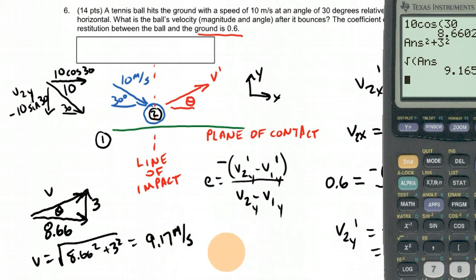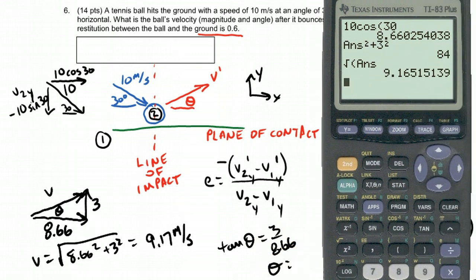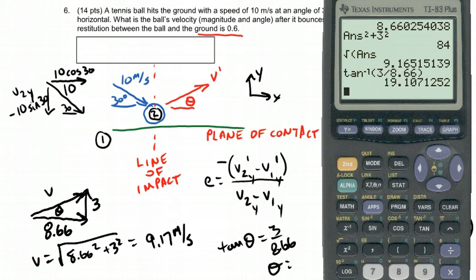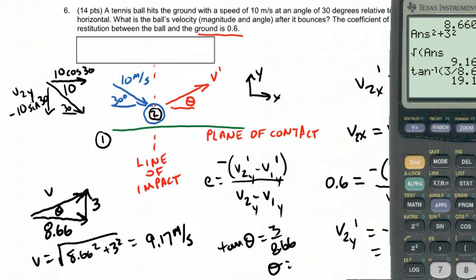Tangent theta is equal to 3 over 8.66, so theta is the inverse tangent of 3 divided by 8.66, 19.1 degrees. So the final answer is 9.17 meters per second at an angle of 19.1 degrees.